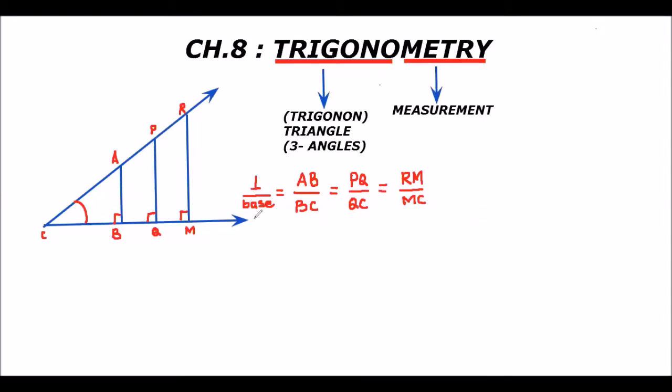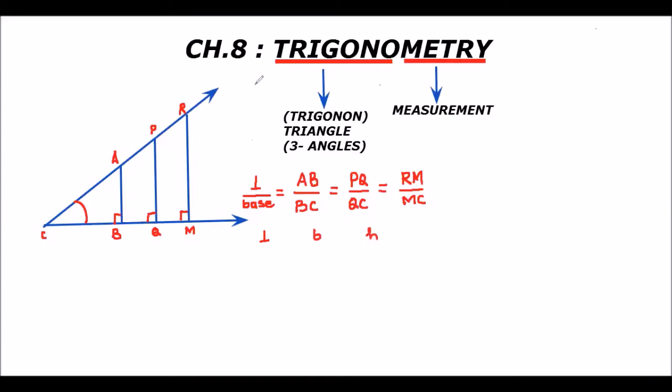So what they did is they tried to make all possible ratios out of the three sides of a right angle triangle. You all know, children, that the three sides of a right angle triangle are always represented by perpendicular, base and hypot.